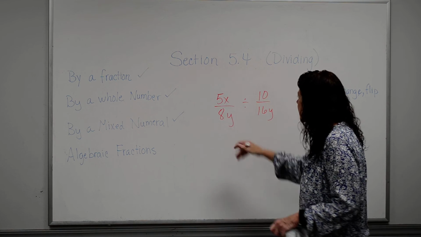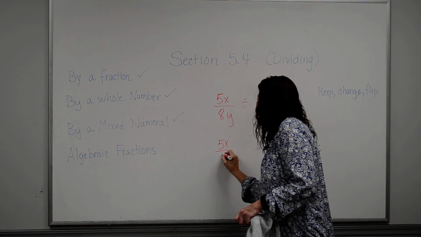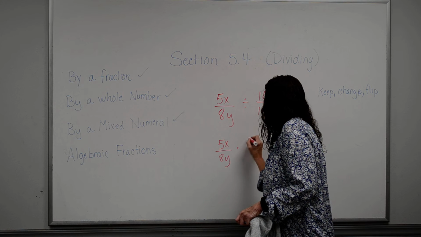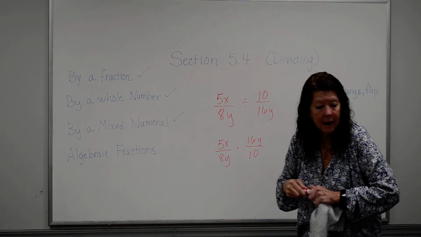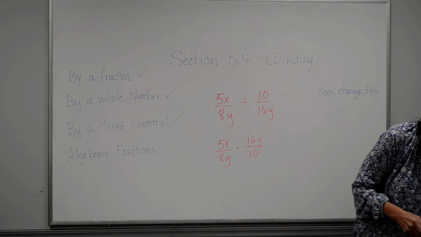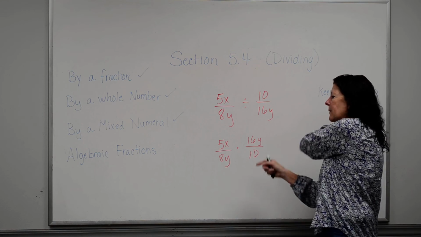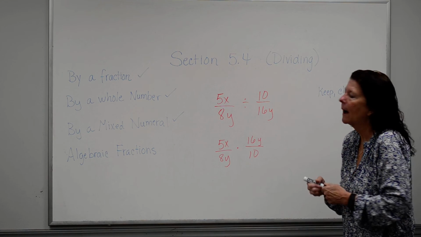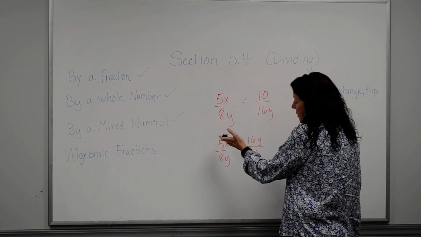Okay, I've got to flip it. Keep, change, flip first. So 5x over 8y times 16y over 10. Again, you could multiply straight across first, or you can cross-reduce. When you multiply first, you have bigger numbers that you have to reduce down. So it's probably easier to reduce first.